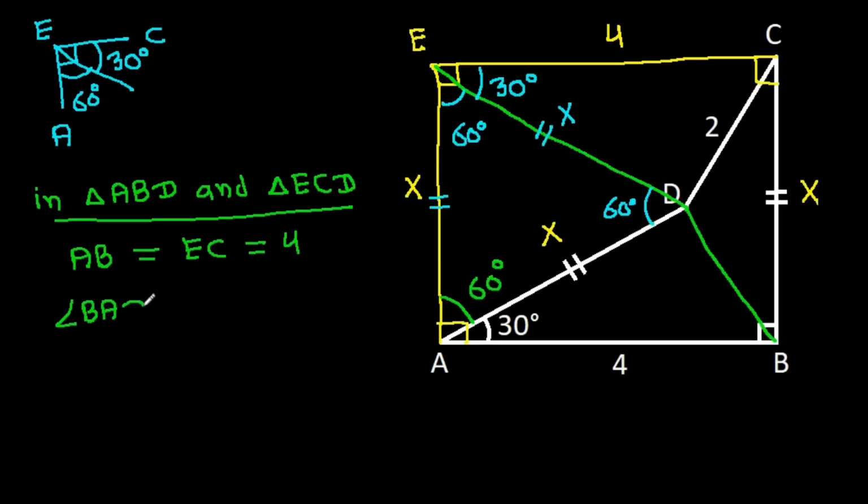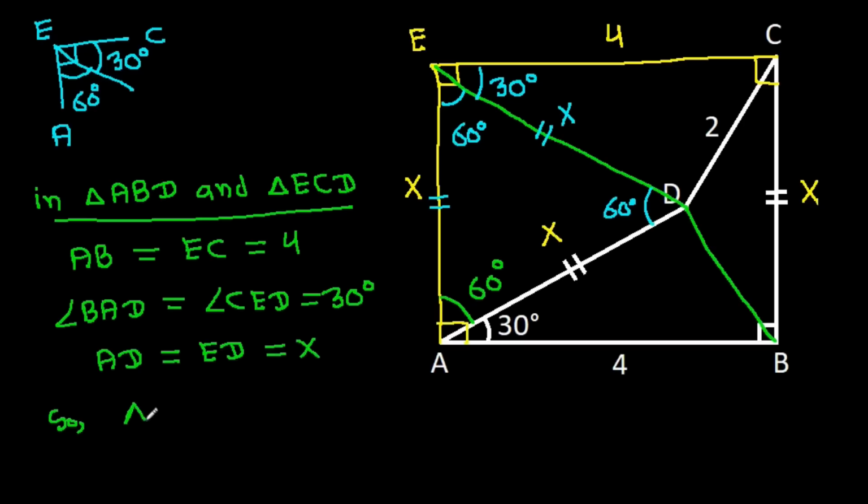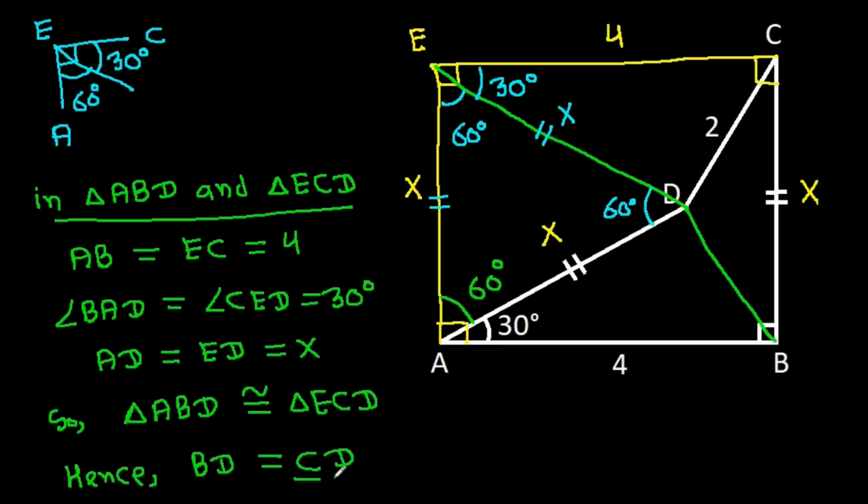Angle BAD is equal to angle CED, that is 30 degrees. And AD is equal to ED, that is X. So triangle ABD will be congruent to triangle ECD. Hence BD will be equal to CD, and CD is 2. So BD will be 2.